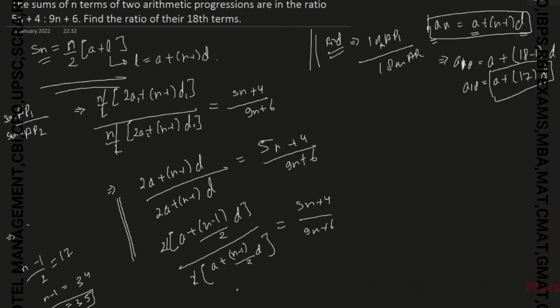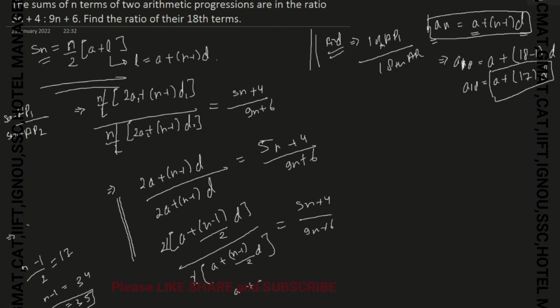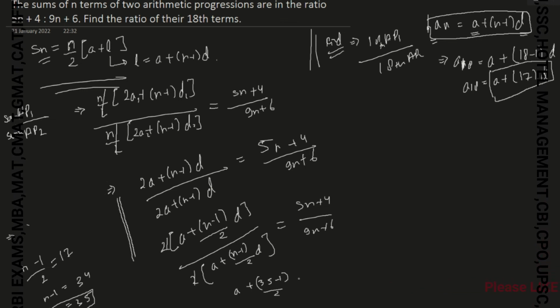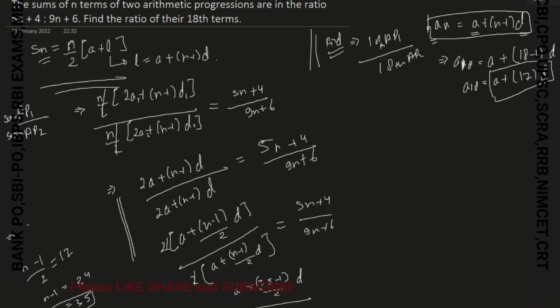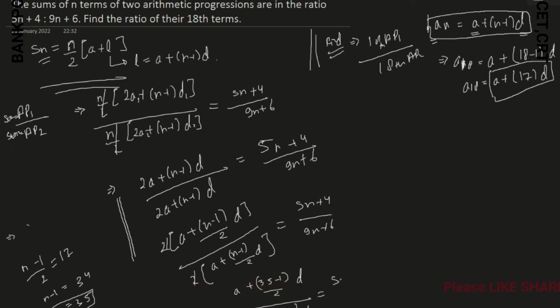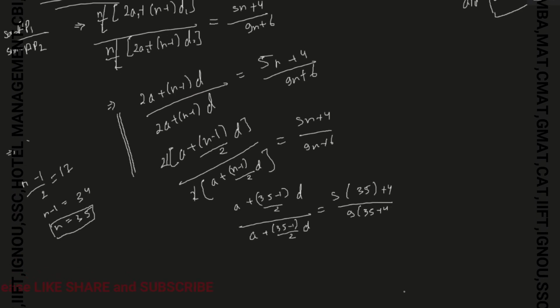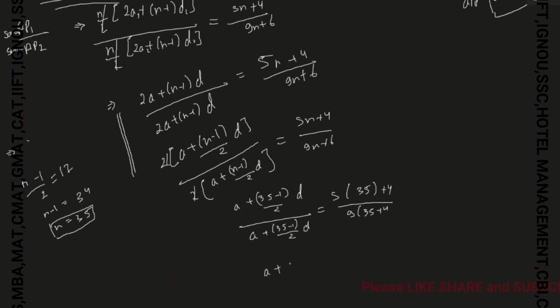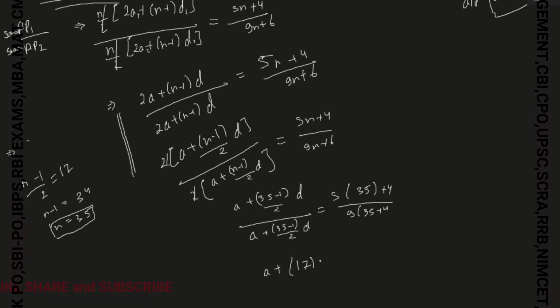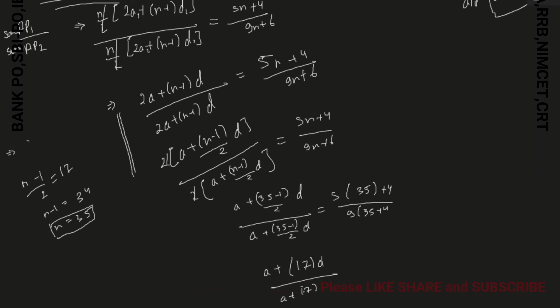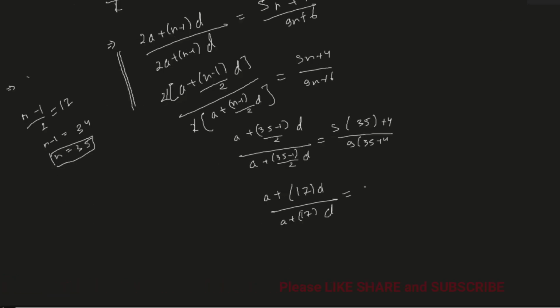Let's substitute this value in this equation. So a plus 35 minus 1 upon 2 into d, which gives a plus 17 into d, whole upon a plus 17 into d. On the right side, put the value of n: 5 into 35 plus 4 whole upon 9 into 35 plus 6. 5 into 35 is 175 plus 4, and 9 into 35 is 315 plus 6.